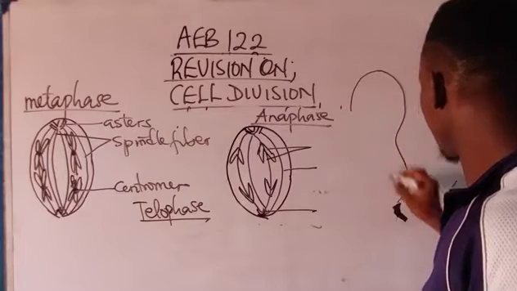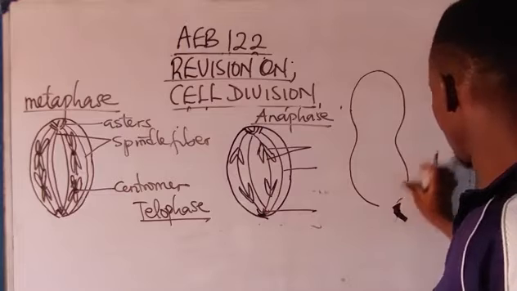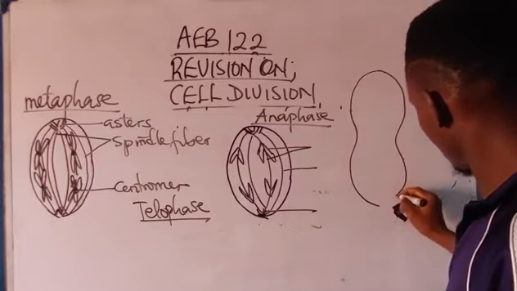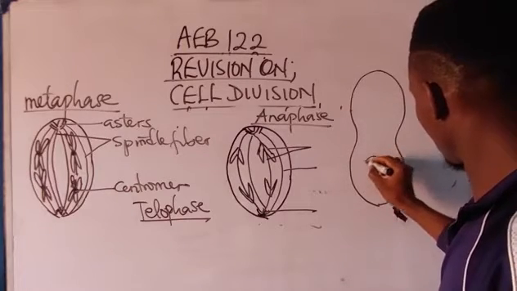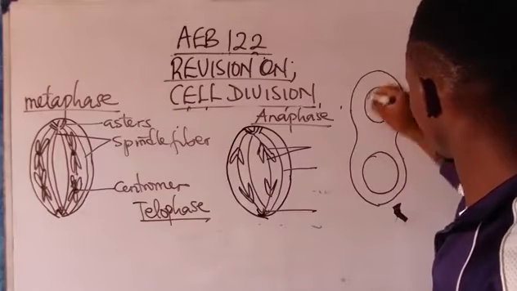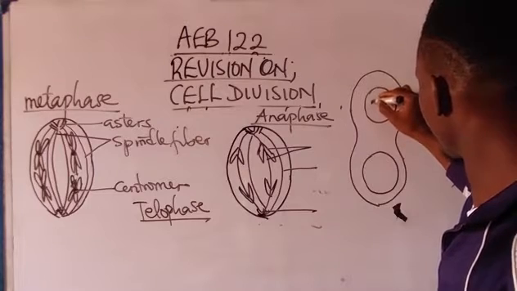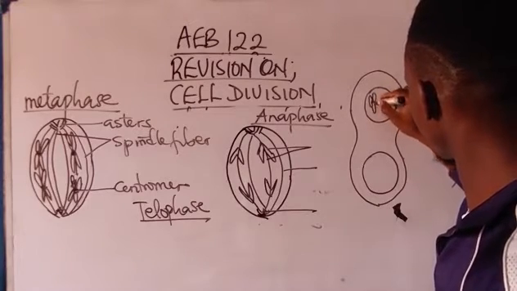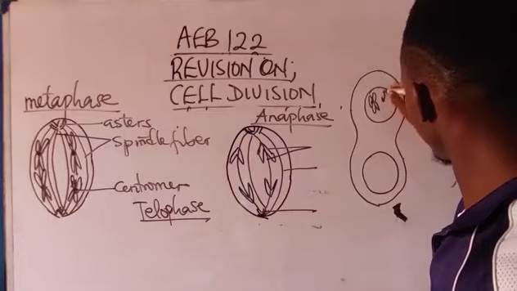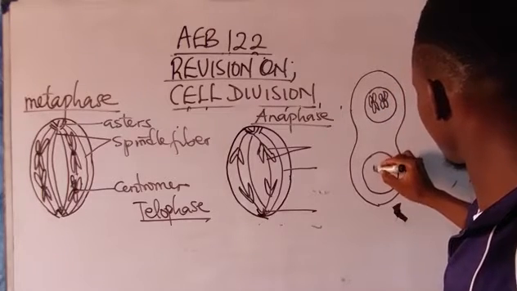It's double of what happens in the prophase. Of course, you have chromosomes like this. You have chromosomes. Same thing is also found here.